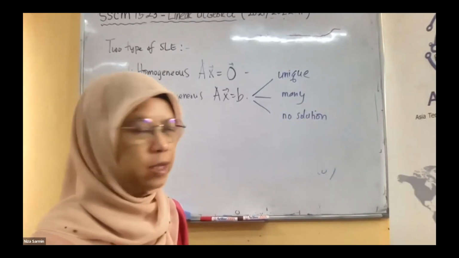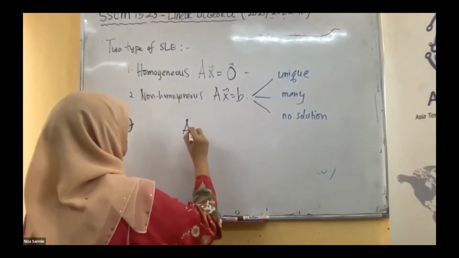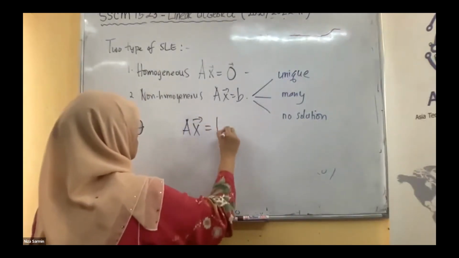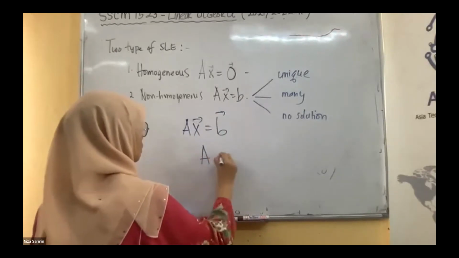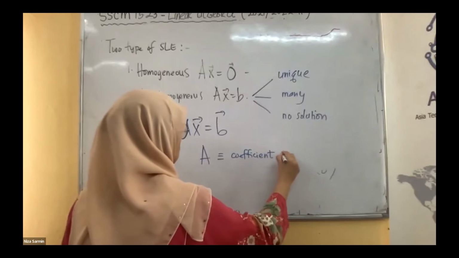Okay, there are 2 matrices that I want to mention. This AX is B. A is the coefficient matrix.